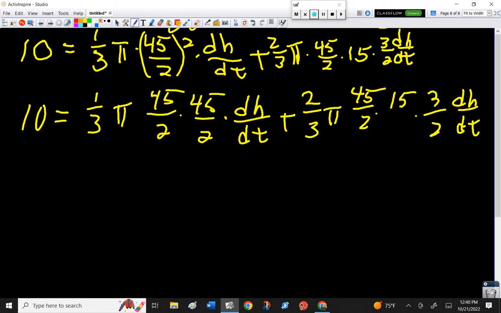All right. So what it simplifies? Well, it turns out that 3 can go into 45 15 times. And that's all that simplifies on that part. Over here, 3 can cancel out with 3, 2 can cancel out with 2, and that's all that simplifies on this side. But that's still something, right?